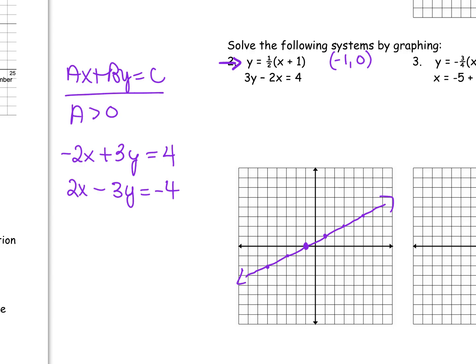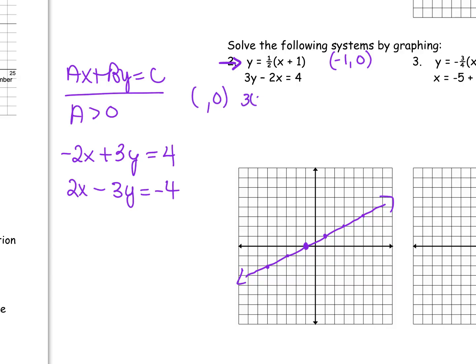Anytime your equation is like this, you have a couple options on how you can go about graphing the line. I usually immediately see if I can get intercepts, the x-intercept and the y-intercept. So for example, the x-intercept, isn't that where y equals 0? Yes.